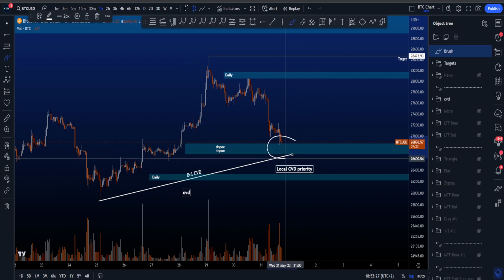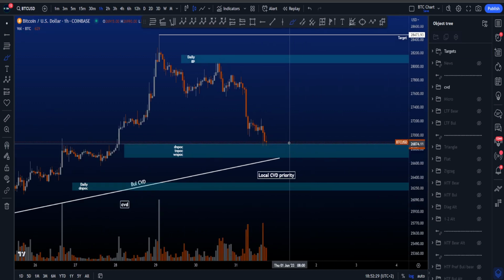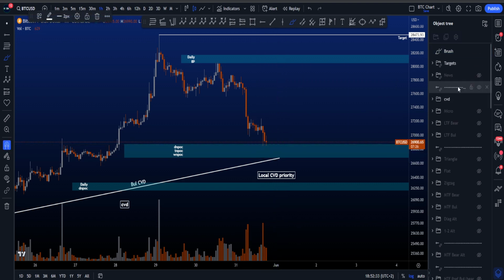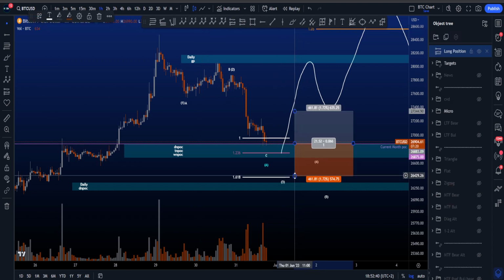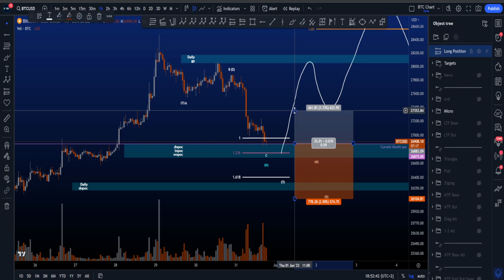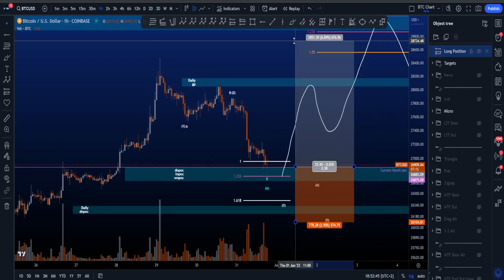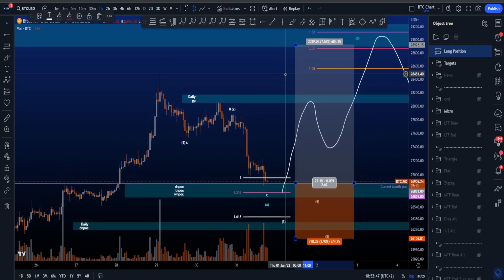So let's first wait and see what price is going to do over here, because we might potentially get a long setup over here, depending of course on what price does, because in this scenario, if we are then looking for a potential ABC, then a potential long can be entered over here, stop loss somewhere safely below, looking for a move towards the upside, where then again an interesting target is that target box.